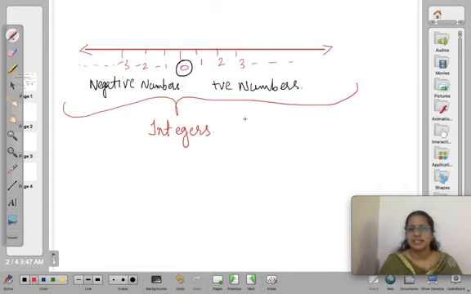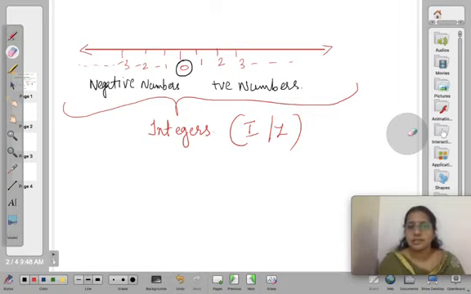Integers are denoted as I or Z. Z plus means positive numbers, Z minus means negative numbers, and Z is integers including 0. Clear? So negative numbers and positive numbers together are called integers.